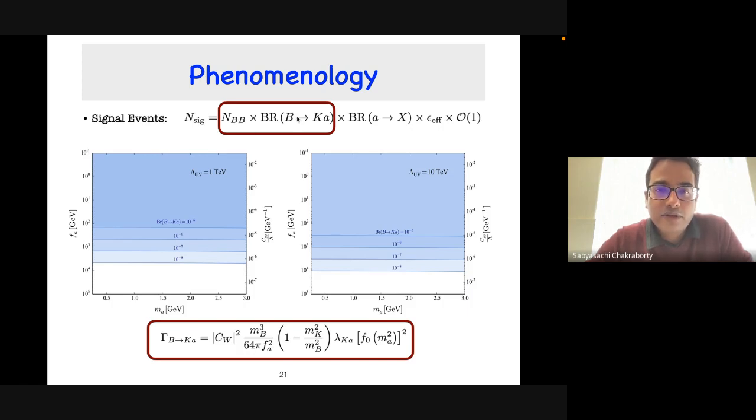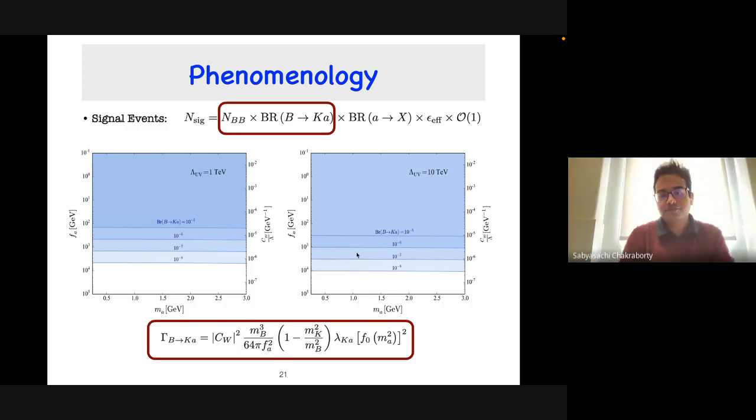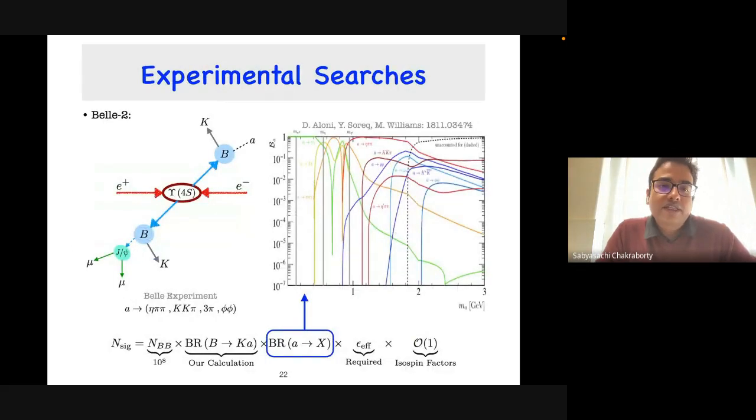The efficiency factors could be 0.1 each. So you would get an order 1 signal event. Naively, it means that using this branching fraction of 10 to the power minus 6, you can already constrain hundreds of GeV or a TeV from the experiments. And that's what we did.